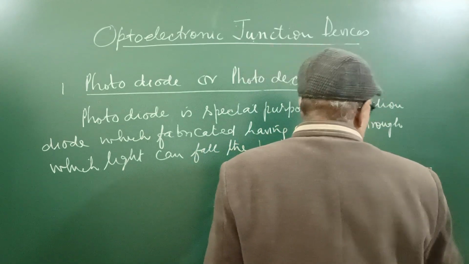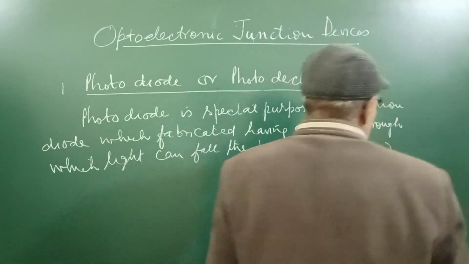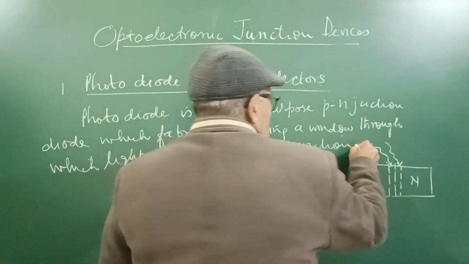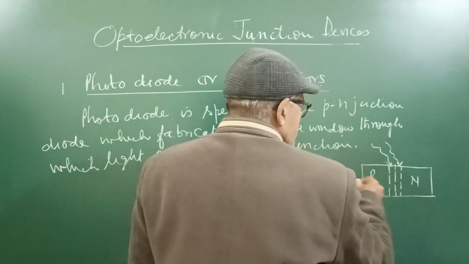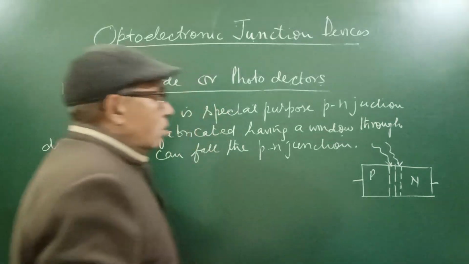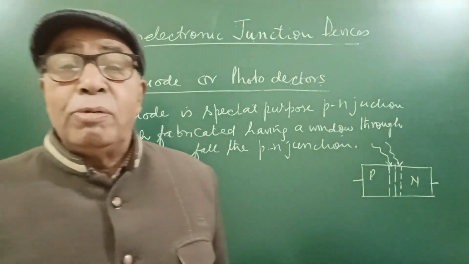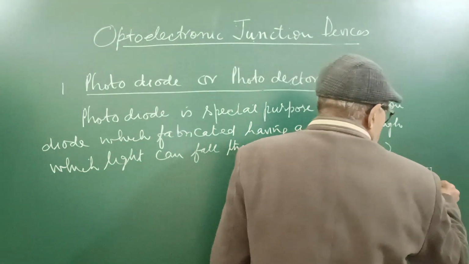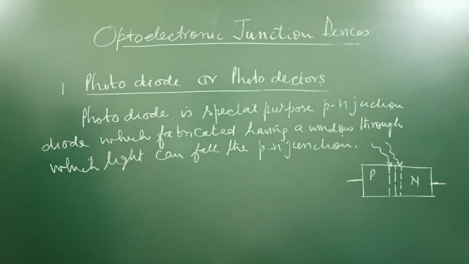When light falls on this, then light is absorbed, and this PN junction is made of material whose energy gap between valence band and conduction band is less than the energy of light photons.